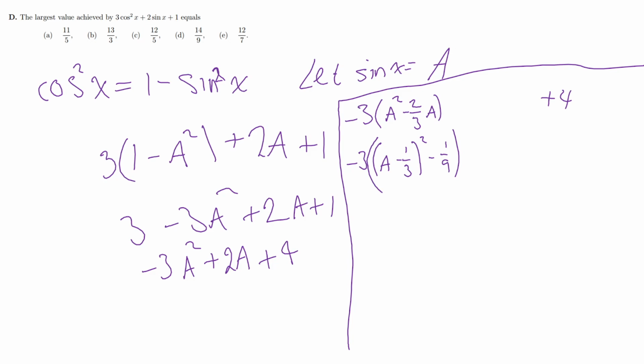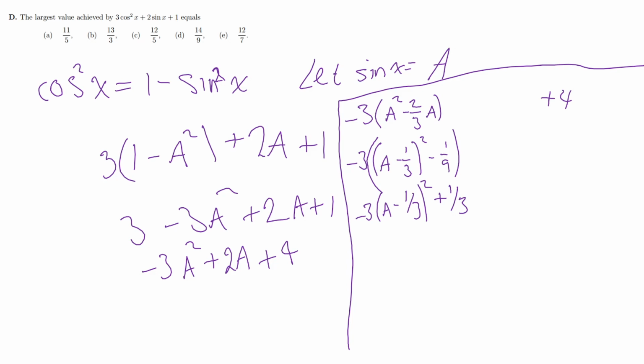So when we put our minus 3 into both of these, we get minus 3 times a minus 1/3 squared. And minus 3 multiplied by minus 1/9 is positive 1/3. The first time I did this, I forgot to implement the negative, and I just said minus 1/3. Then I added the 4, and I didn't get an answer that was one of the options.